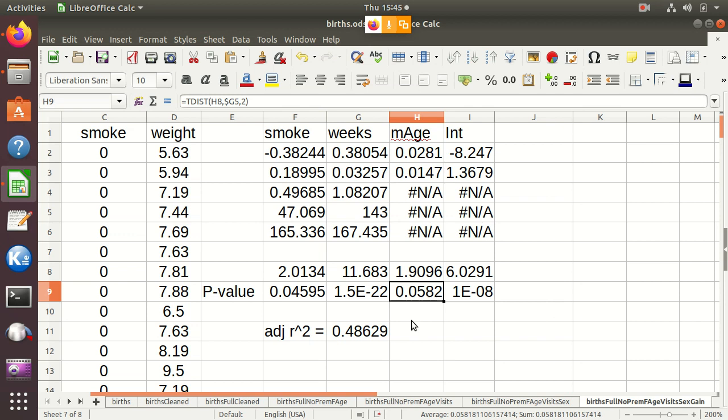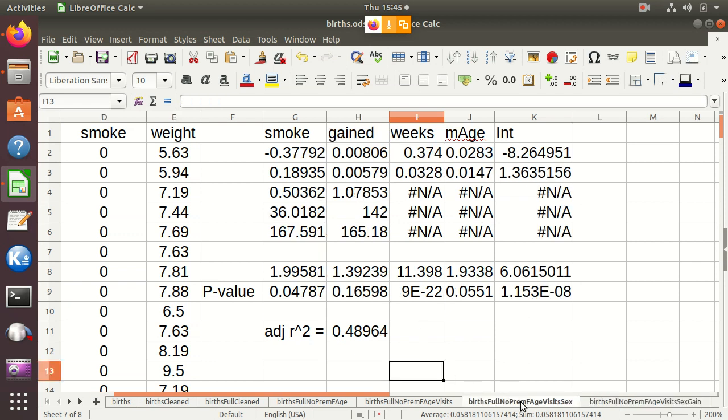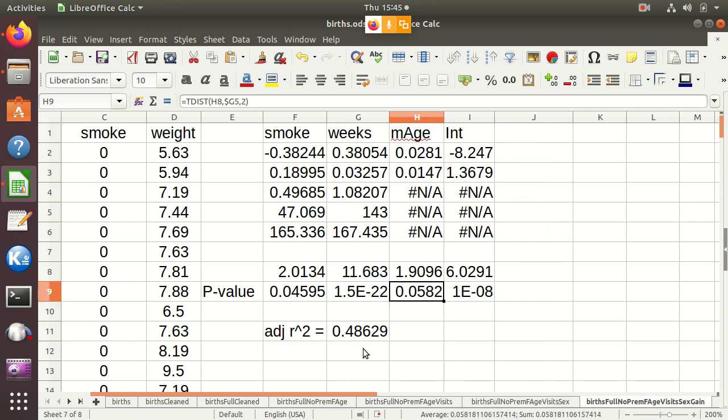That is still up there a little bit. The adjusted R squared, what happened to that? It's 0.486, it was 0.489. So again, the adjusted R squared is kind of holding about steady. It dropped just that tiny, tiny bit. And so the question is, do I do it one more time and get rid of the mother's age?